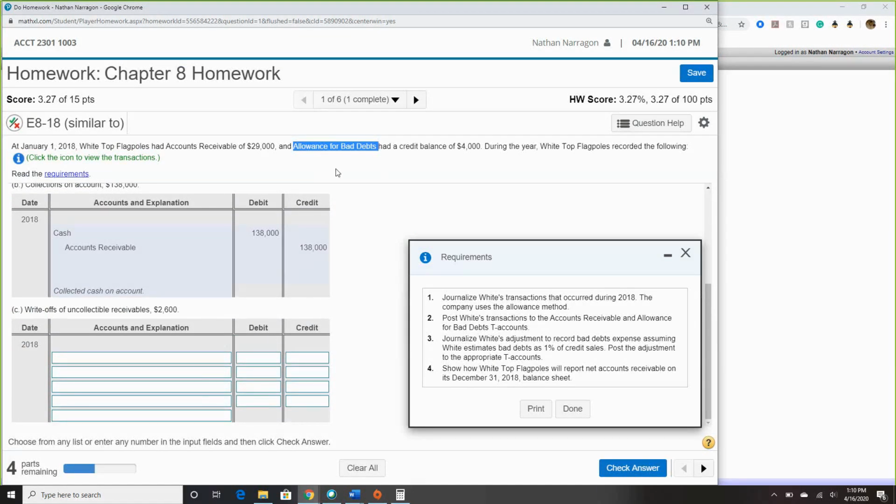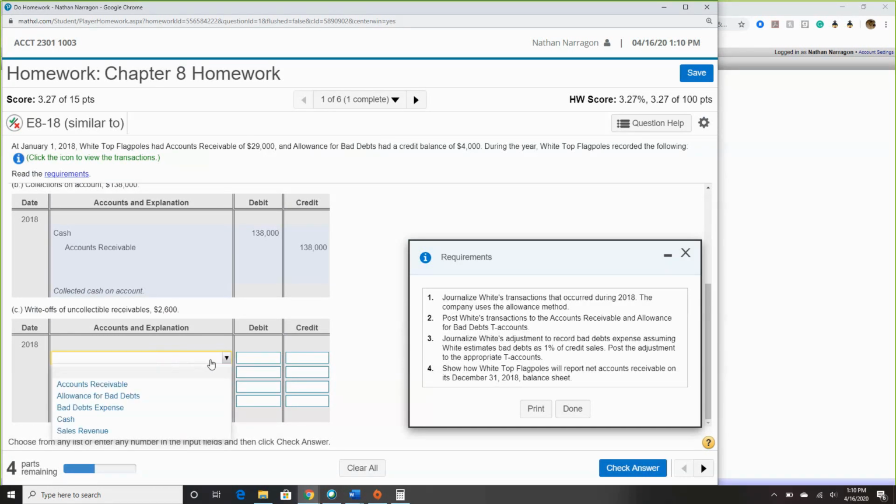So with that, we are going to have to put allowance for bad debt as our write-off account, because it's an allowance method. I'm going to try and get you with having bad debt expense. But since we're not doing direct write-off, we're only doing the allowance method, this is our debit.